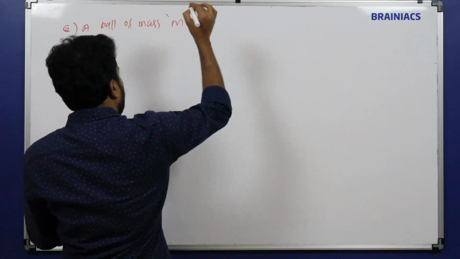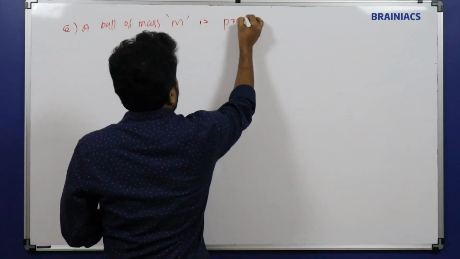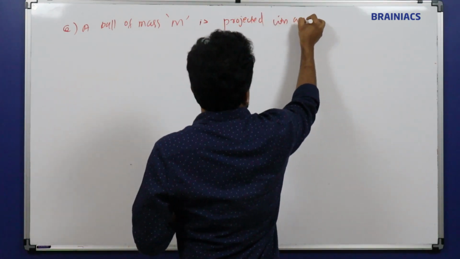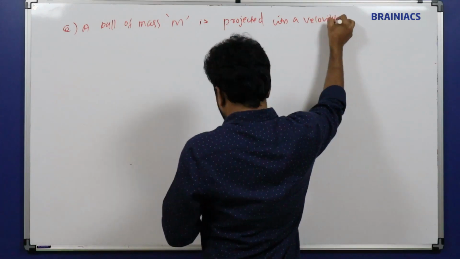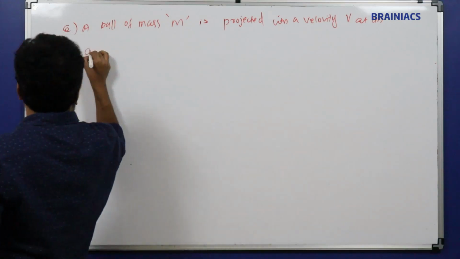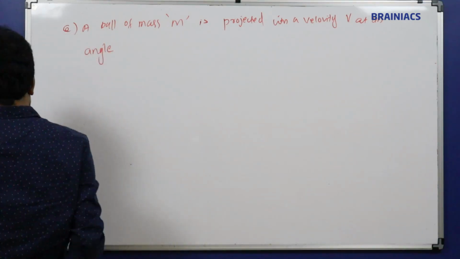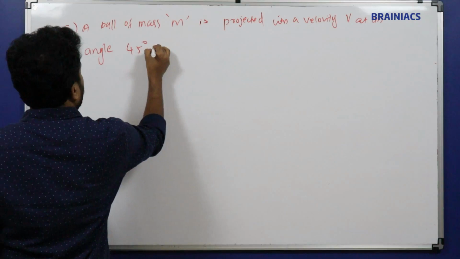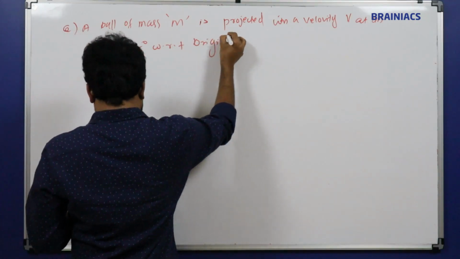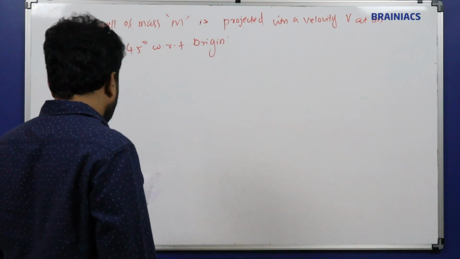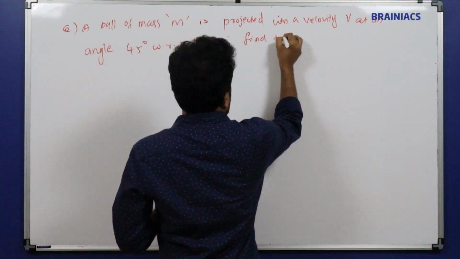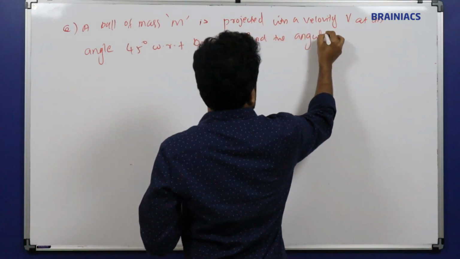A ball of mass m is projected with a velocity v at an angle of 45 degrees with respect to the origin. Find the angular momentum.